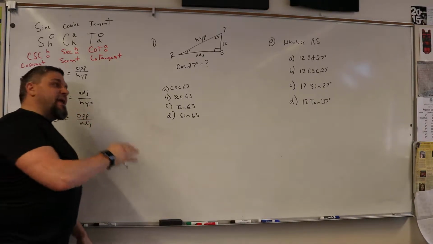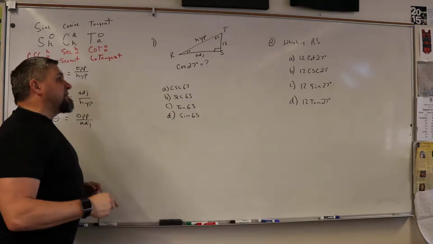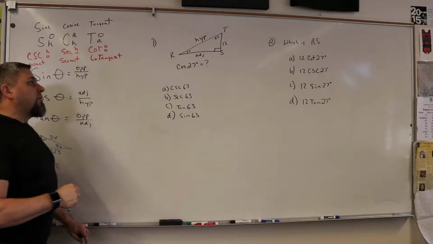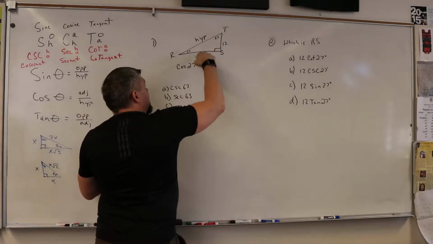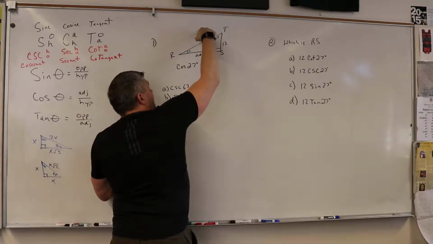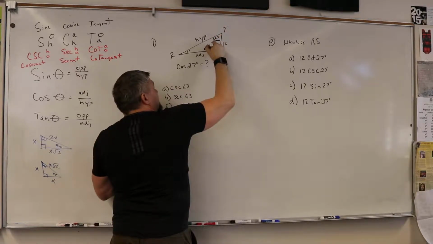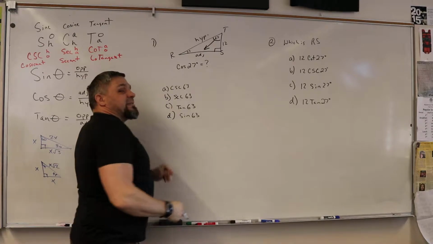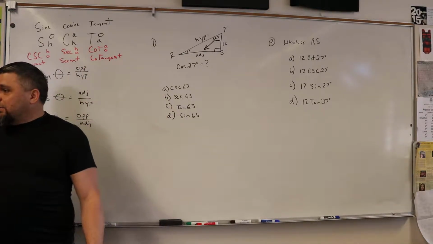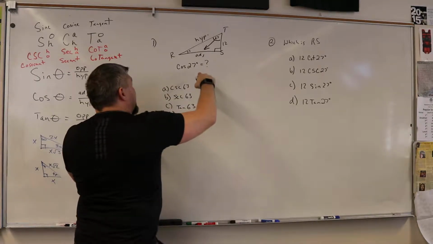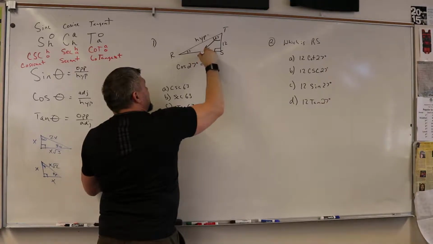What is the same thing as adjacent over hypotenuse, or this side over this side? And if we think about it, we could say this side over this side, which would be the sine of 63 degrees.